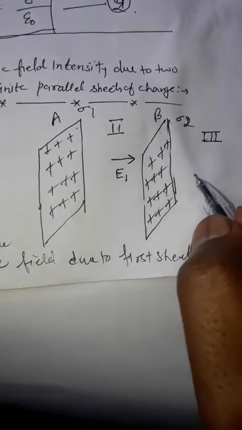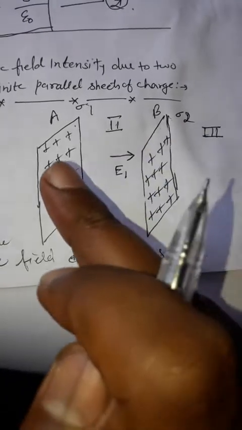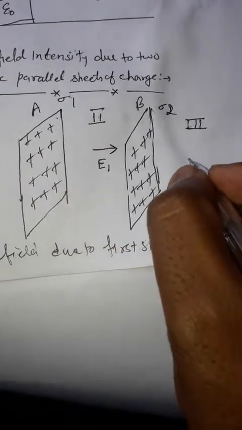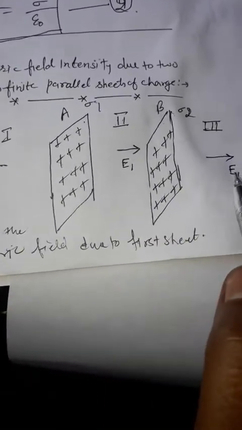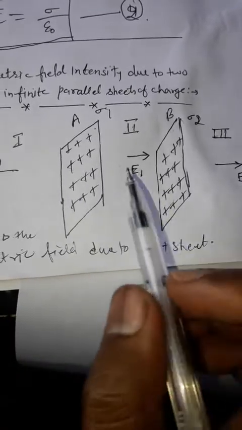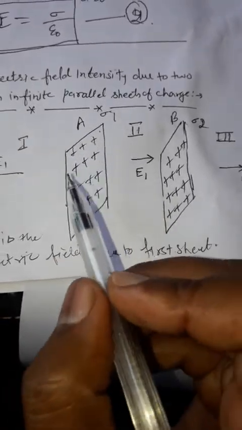And if we consider a point here, this point is also towards the right of plate A, so in this region there is electric field E1. The field remains the same at each and every position, because the field due to a plane sheet does not depend on distance.